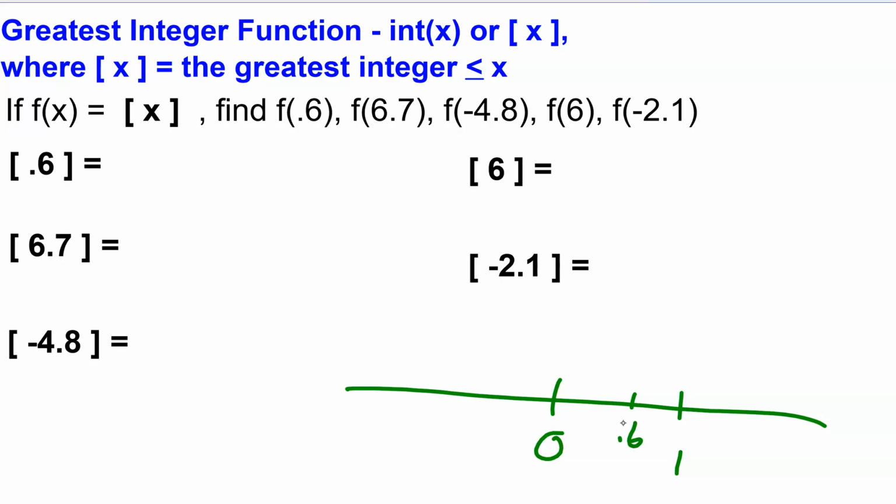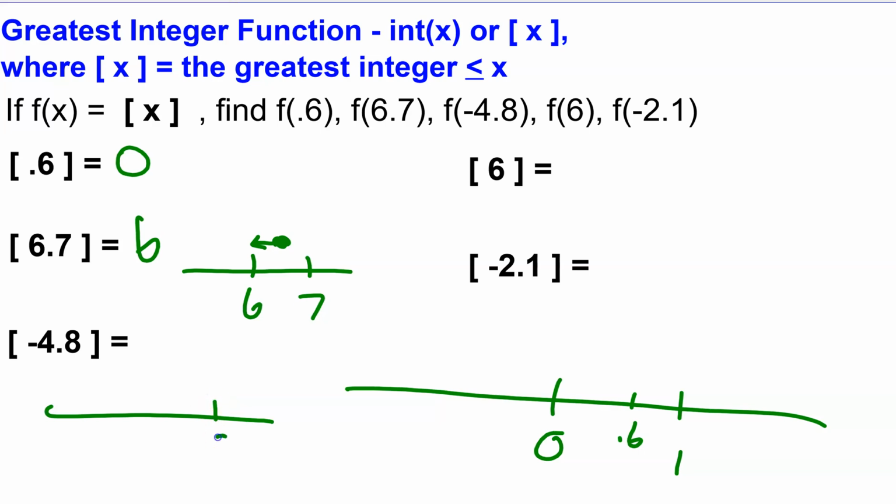So the greatest integer less than or equal to x is going to be 0. If I had the number 6.7, it's going to be right here. The greatest integer less than or equal to 6.7 is 6.